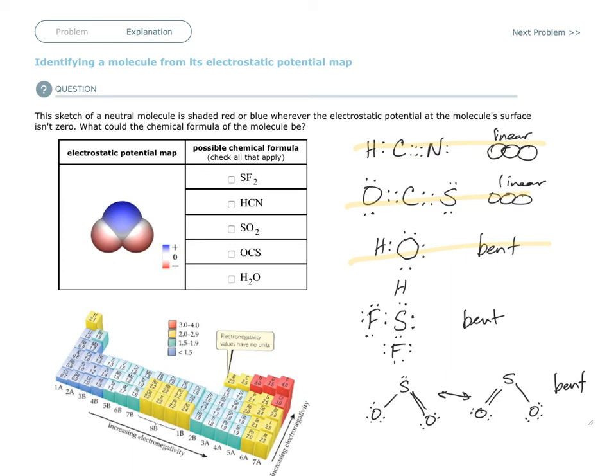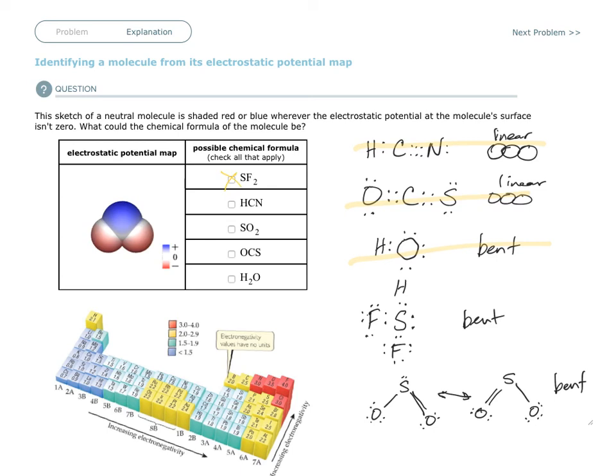Well, that means the fluorines should have a higher electronegativity than the sulfur. Is that true? The fluorine is up here. That's a 4, the highest there is. And then the sulfur is down here at a 2.5. Yes, this is possible. So I'm going to say that SF2 could be one of them.